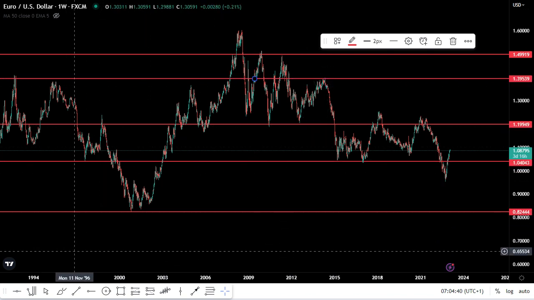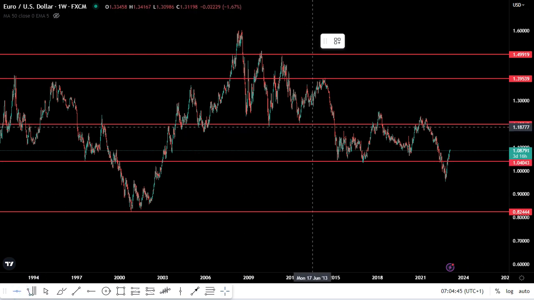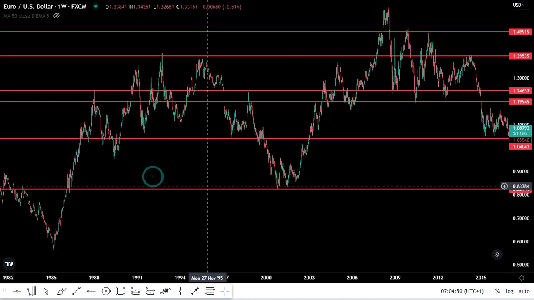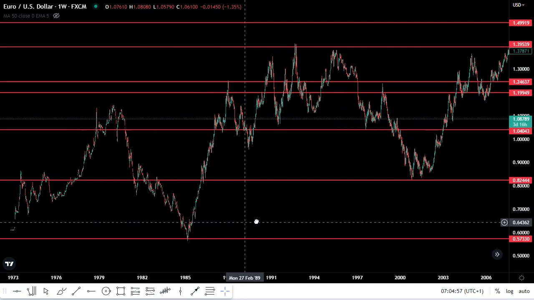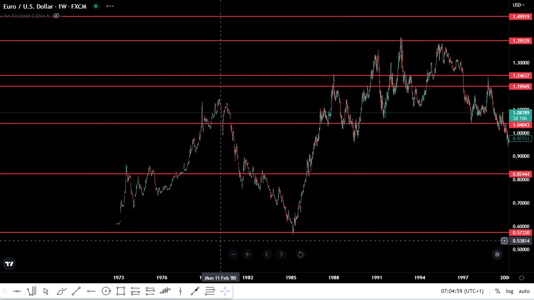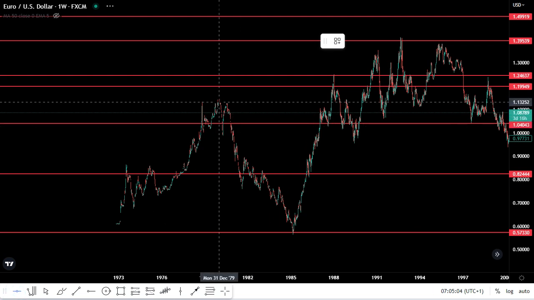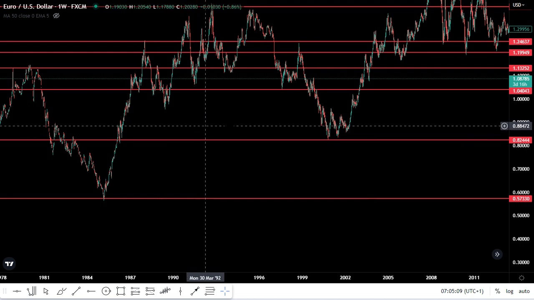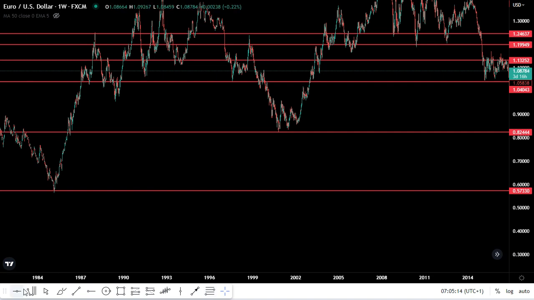Basically, as much as I can see, I will just mark it out. Okay, I think I will stop right here. Let me put in one more line or so at this zone. Then I think I have another zone right here.